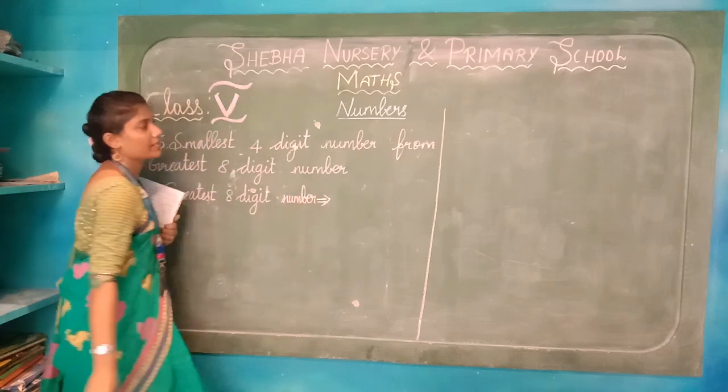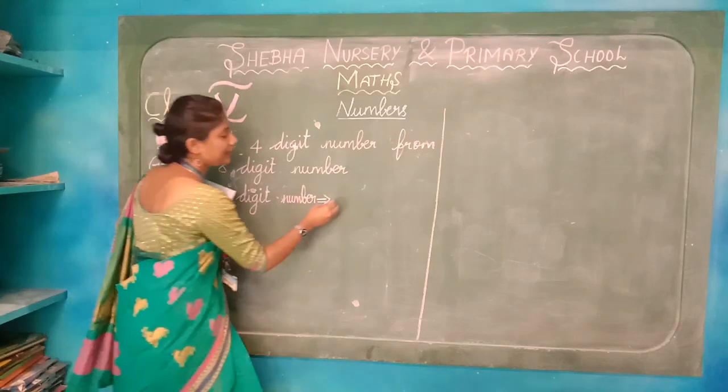So the greatest digit is 9. So you have to write 9 eight times.